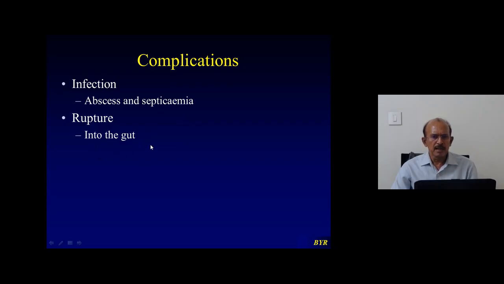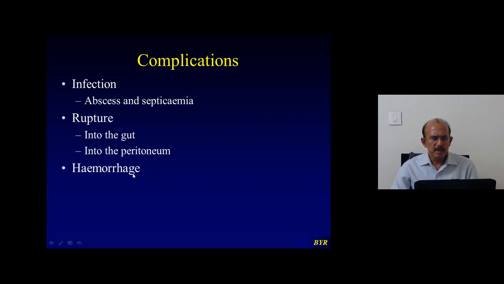If it is the head of the pancreas, it will be adhered to the duodenum. Or if it is the tail of the pancreas, it may be adhered to the transverse colon or to the small bowel. So it may rupture into those structures, into the alimentary tract or into the peritoneum.